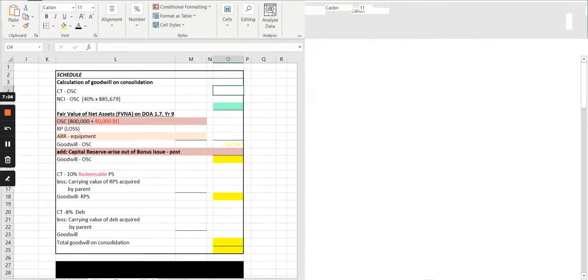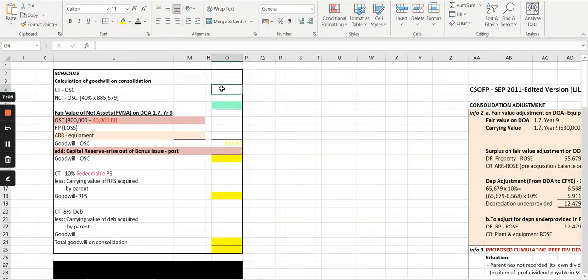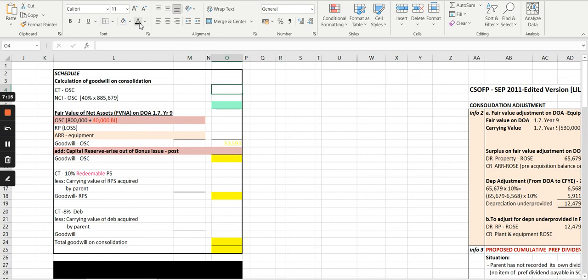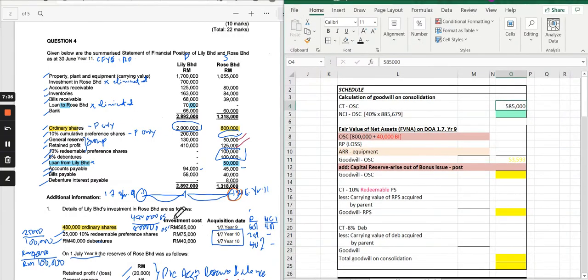Let me just open that up for you. The amount would be 585,000. It should be somewhere here. Just move it a little bit. 585,000.